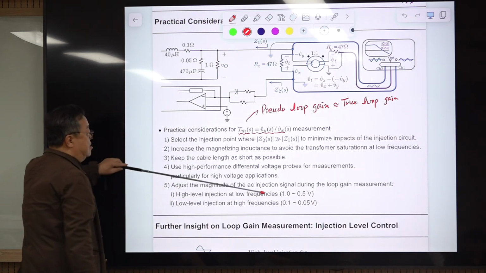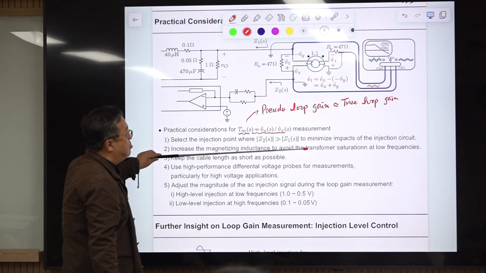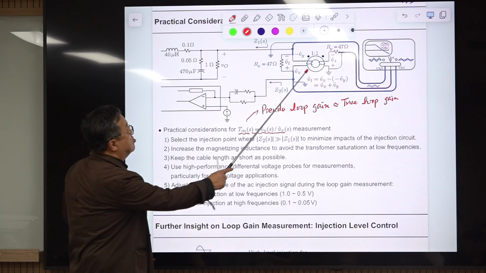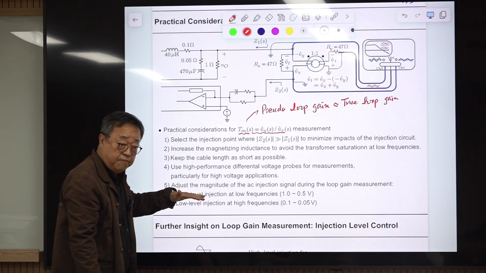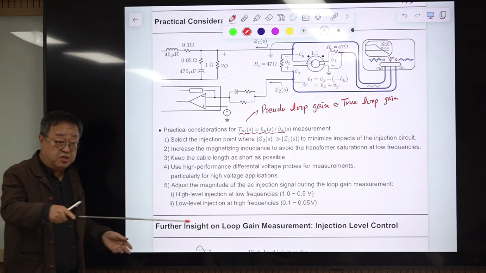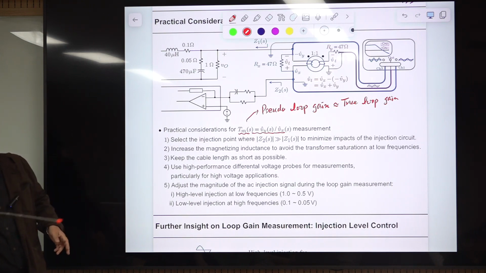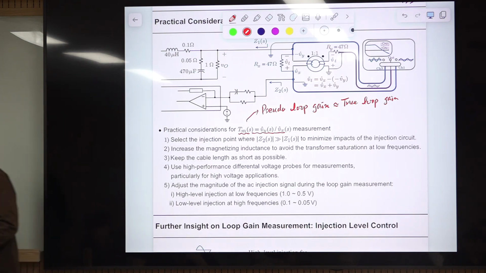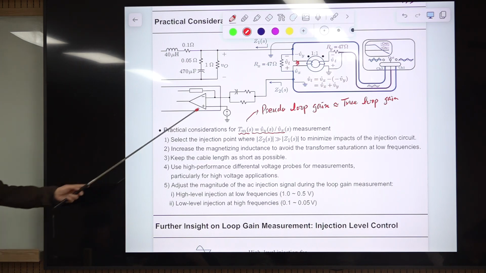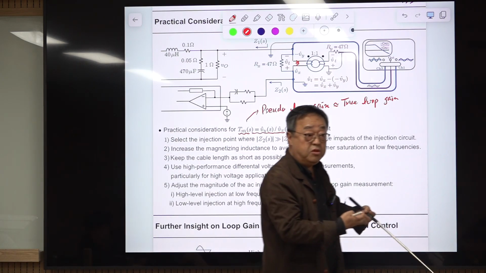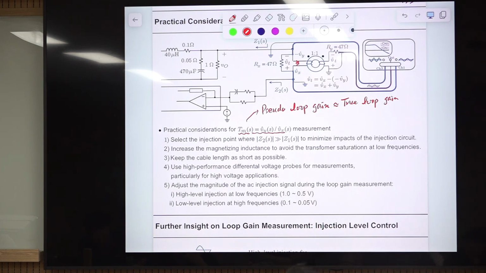The second one is to increase the magnetizing inductance. Otherwise, this transformer will be saturated at low frequencies. If you are measuring at very low frequencies, then the low frequency sinusoid stays positive for a long time and negative for a long time. Then the transformer will theoretically be saturated. To avoid that tragic situation, you use a tightly coupled one-to-one transformer with many windings, thousands of windings, using a large core.